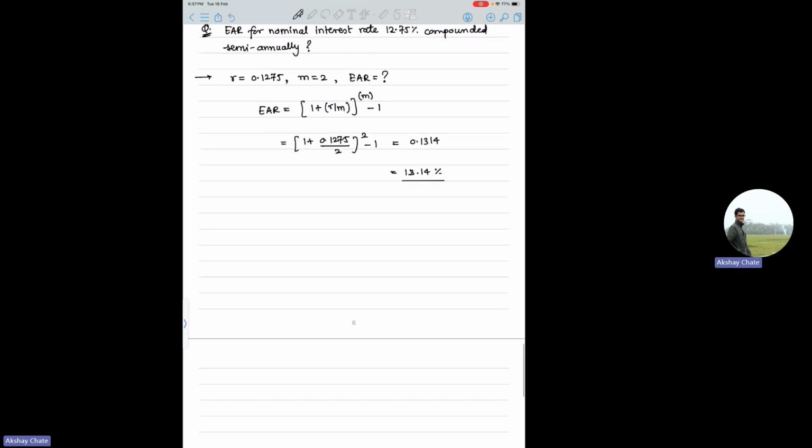Okay. So then here is another sample problem for the continuous compounding case that you can expect.